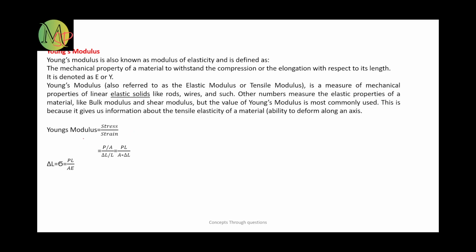So this Young's modulus E, as I told you, is the stress to the strain. This stress is referred to as the internal resisting force per unit area, F by A. This strain is the change in length to the original length. So what is the change in length of a body?